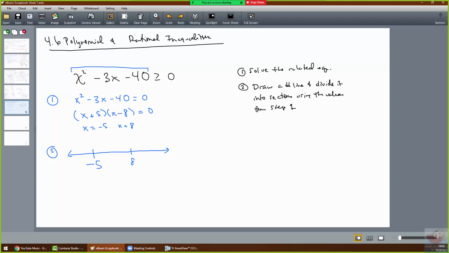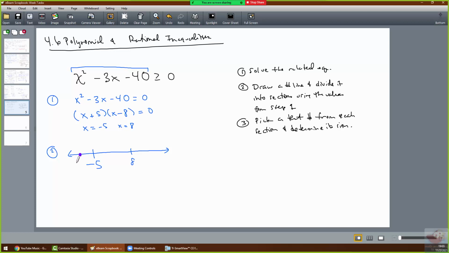So step 3 is pick a test number from each section and determine its sign. So this section here are all numbers to the left of negative 5.